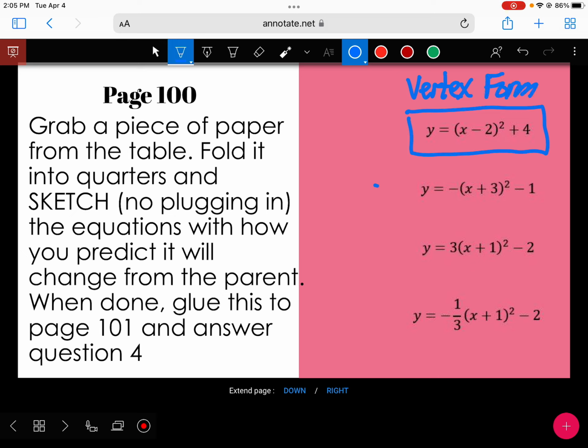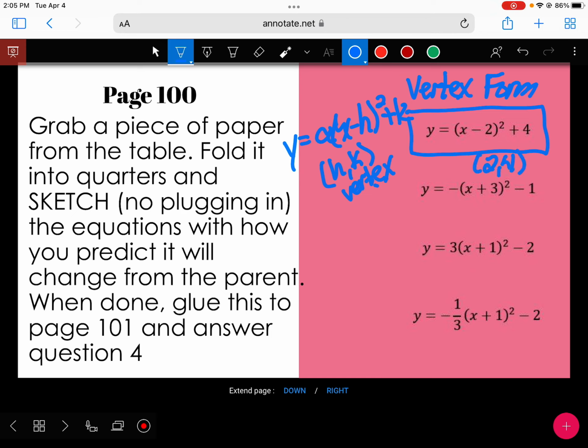If you remember, this is y = a(x − h)² + k, where (h, k) is your vertex. Okay? So what's the vertex of my first one, just to help you get started? 2, 4. There you go.